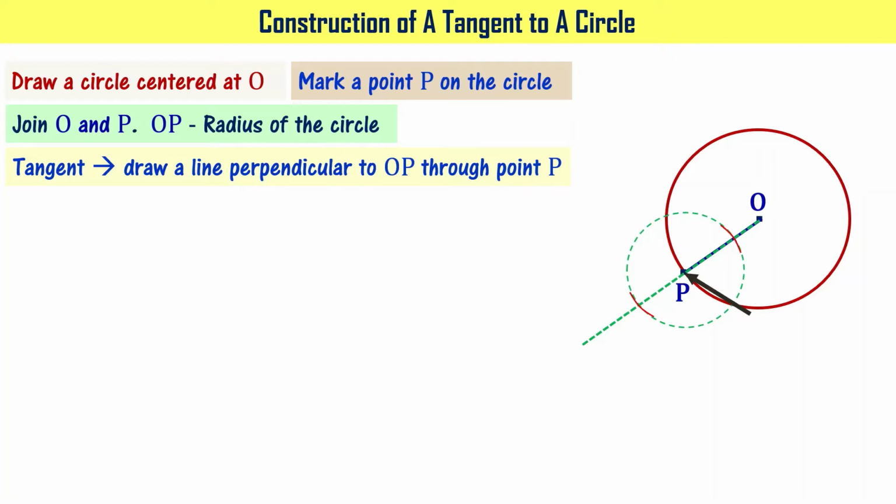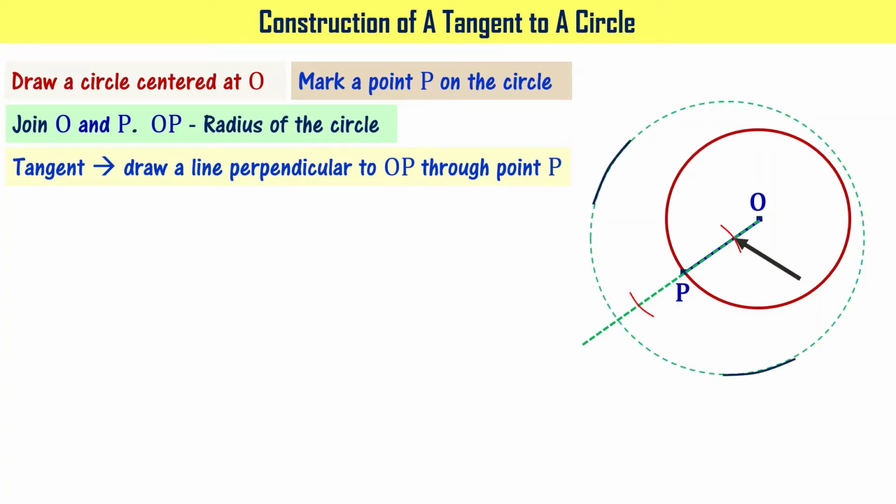Those two arcs are shown in red color, right? This is done with the help of a compass. Now I take the point of intersection of one of the arcs in red color and line OP as the center and draw two arcs as shown here. This is also done with the help of a compass, right?